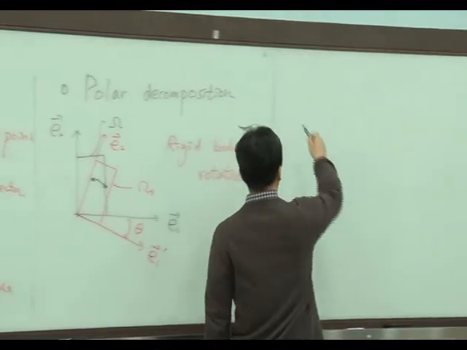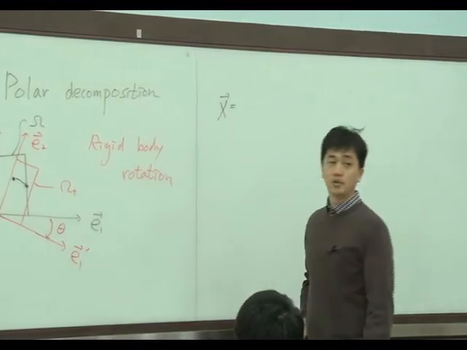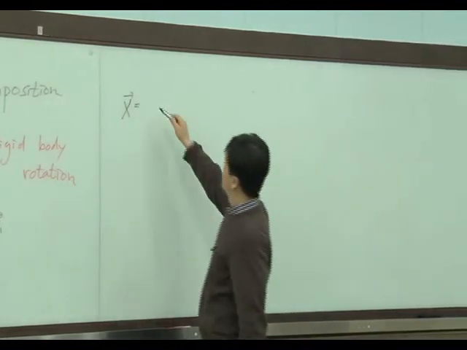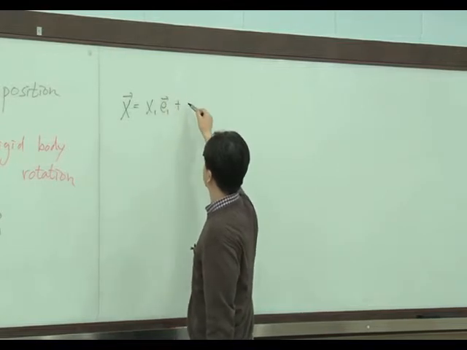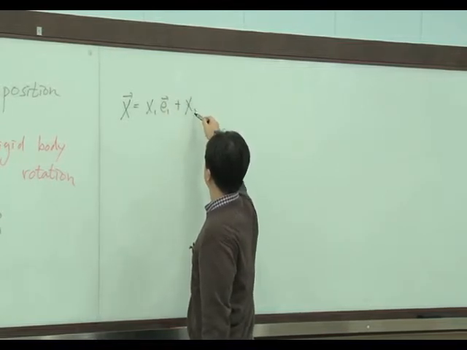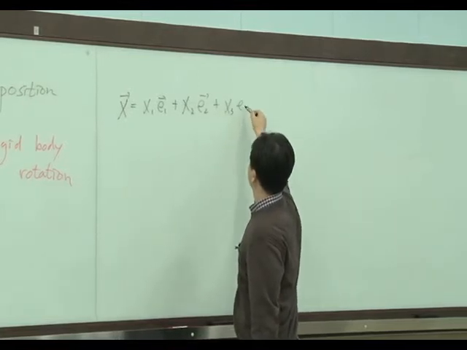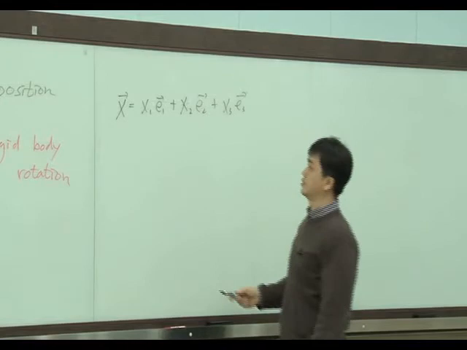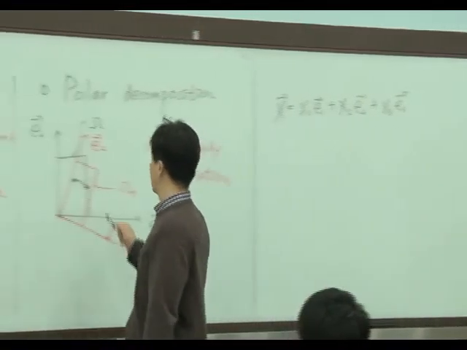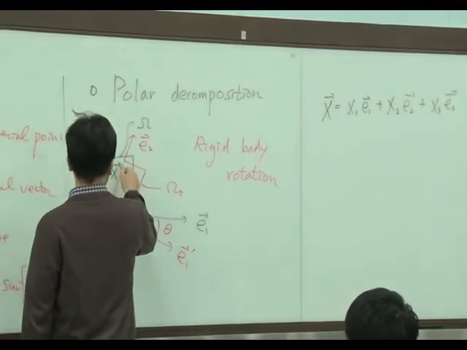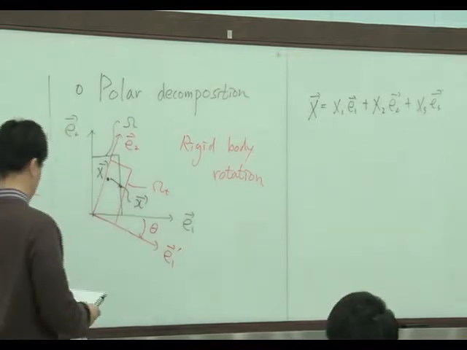Originally we have position x equal x1 E1 plus x2 E2 plus x3 E3. This is the initial position. So here x, and this is the new x.